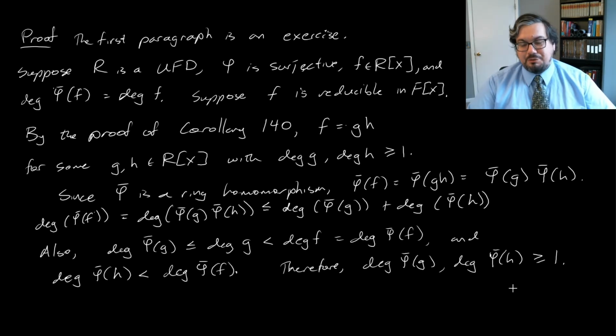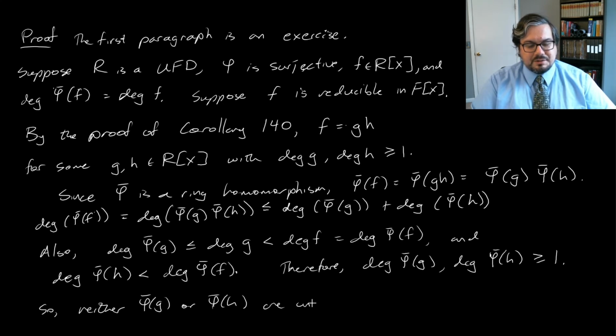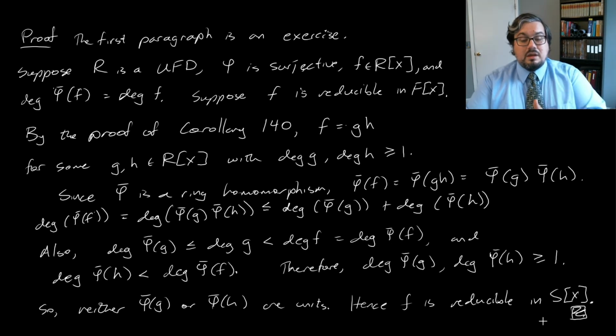Neither one of them could have degree 0. So this means that neither phi bar of g nor phi bar of h is a unit. Hence, f is reducible in S adjoin X. And that finishes the proof.